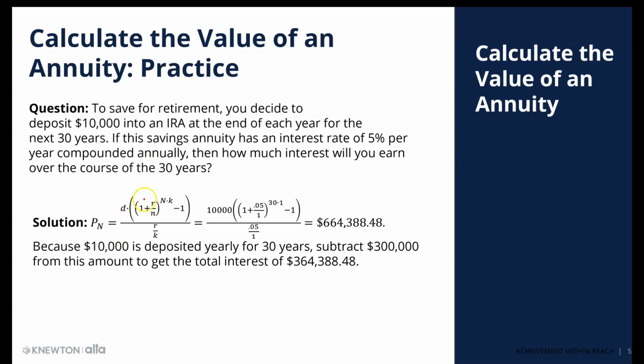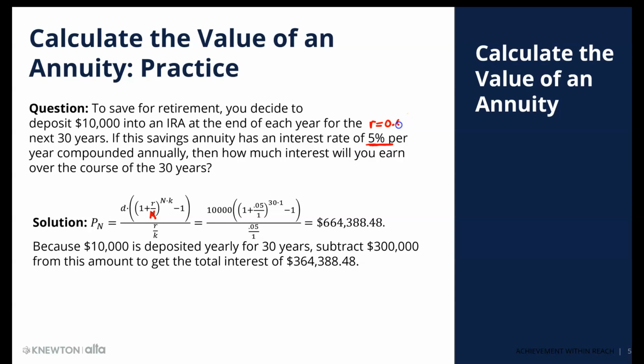D times 1 plus R over K raised to n, the number of years, times K compounding period minus 1, all over R over K. Now, R here, the rate of interest, is 5%, and R should be written in decimal form.